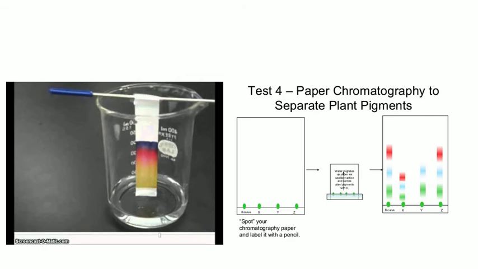Here's a picture of chromatography occurring and a separation. And on the right is what the chromatography would look like for Botanicurus, X, Y, and Z. Here you see that species Y does not have the red pigment.